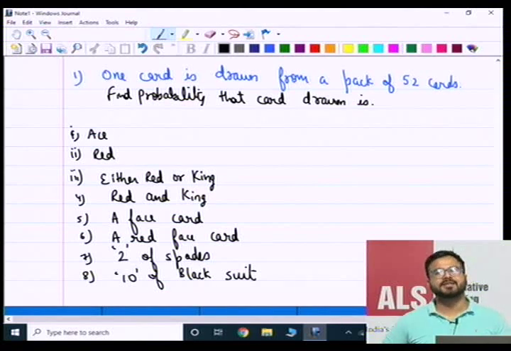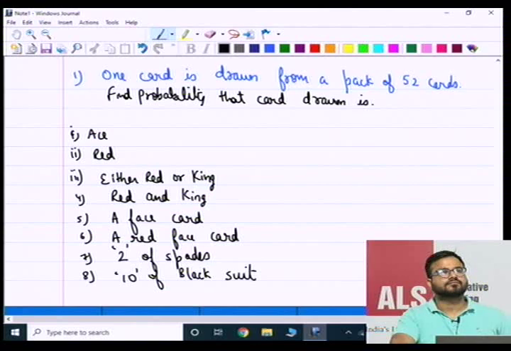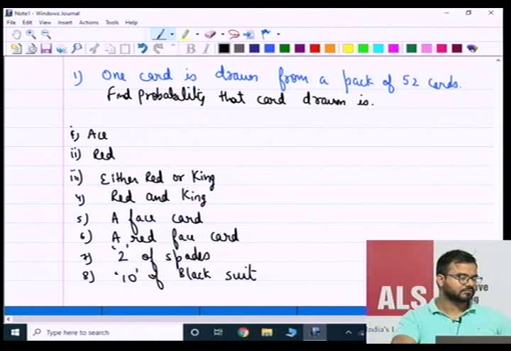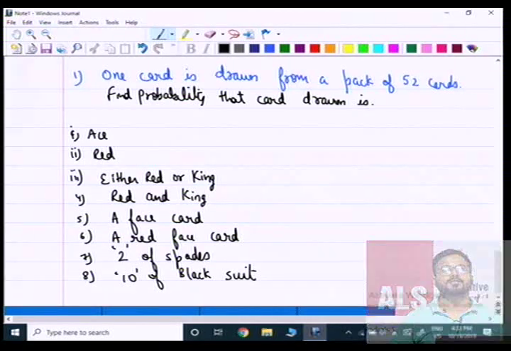Don't write the answers, just let me know, because there are 8 parts. When you are done, I will discuss, you can cross check. Shall we start discussing?